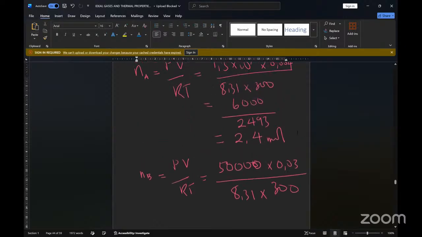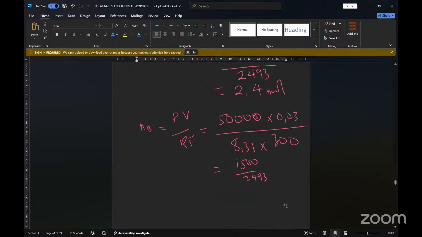Since the denominators will be the same, 8,31 times 300, I'm only going to deal with the numerator. Times 50,000 gives you 1,500 divided by 2,493.